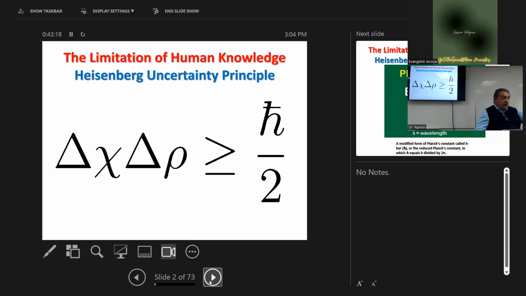The product of the change in position and the change in momentum should always be greater than or equal to Planck constant over 2. You can't see my arrow, can you? No. If this goes down, meaning you're getting a more precise reading of the position of a particle, this must go up so that this inequality will hold.